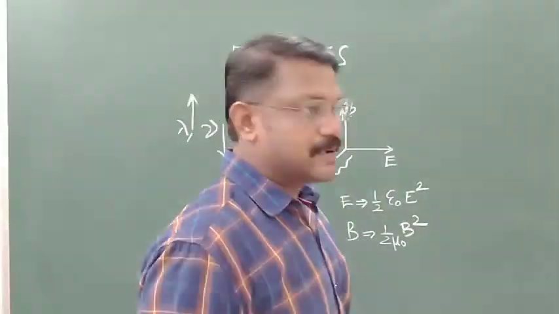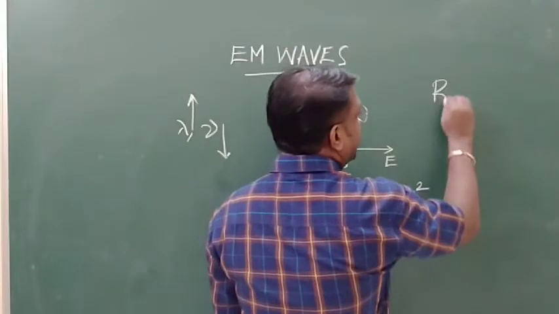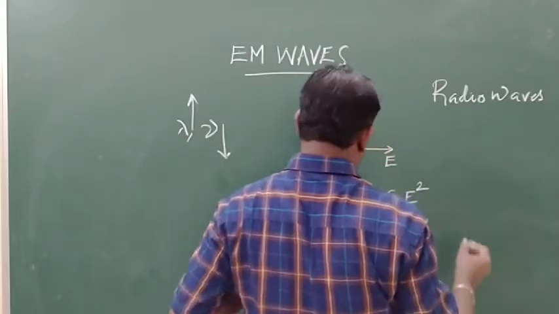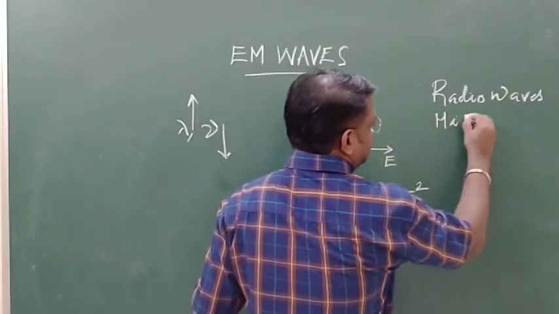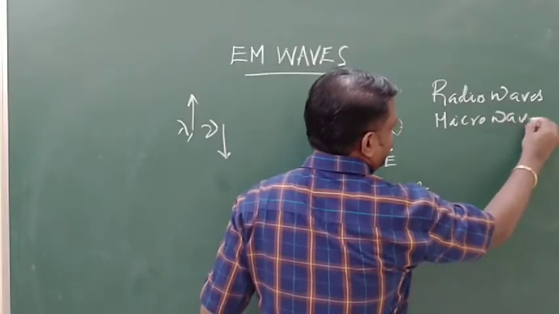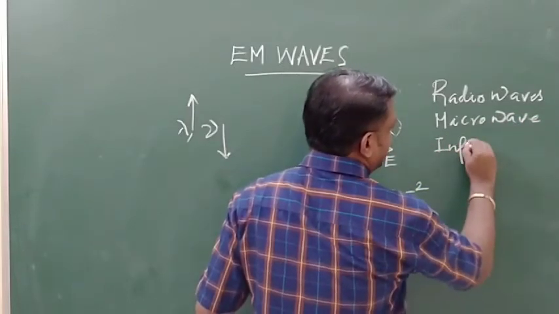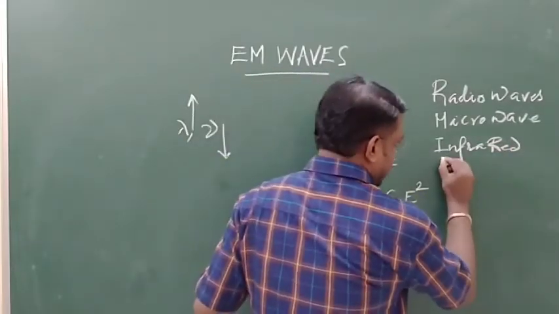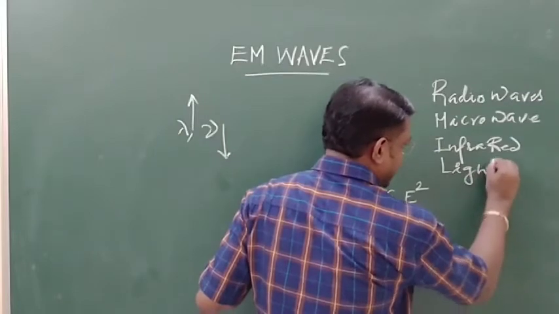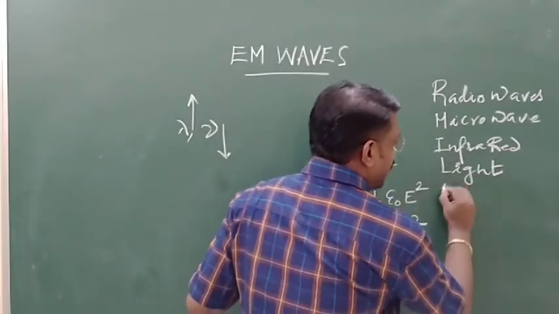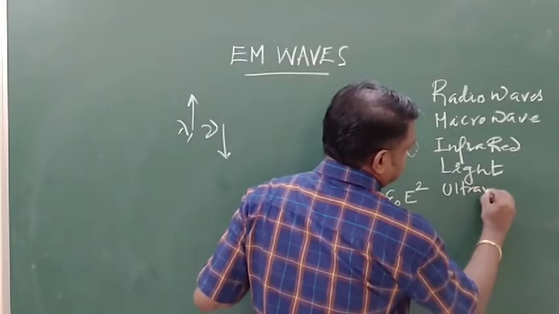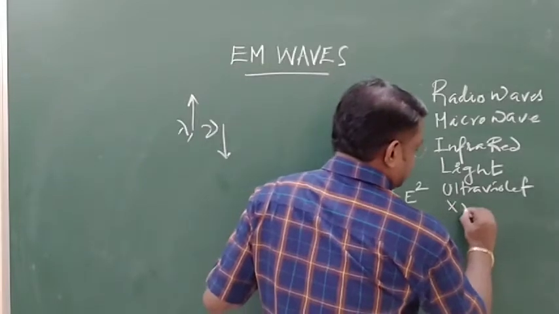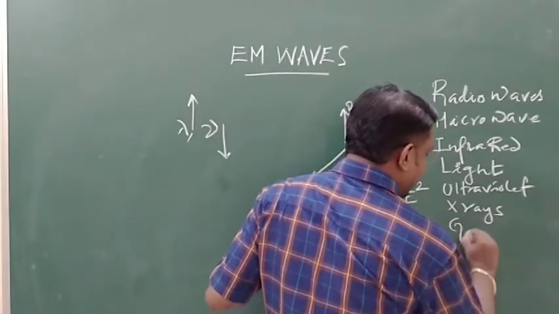The electromagnetic spectrum starts from radio waves, then microwaves, infrared, then visible light, simply called light, then ultraviolet, X-rays, and gamma rays.